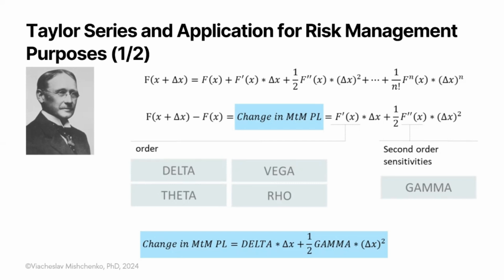We can use the higher order parts of the formula, but it becomes very long. We should remember that it is just an approximation, just a model. Therefore, for large market moves or complex instruments, you might need to include higher order terms or use full revaluation of your portfolio.